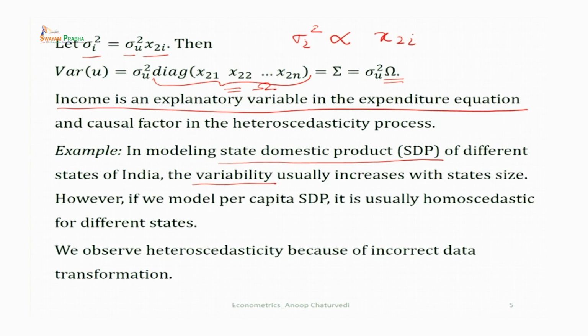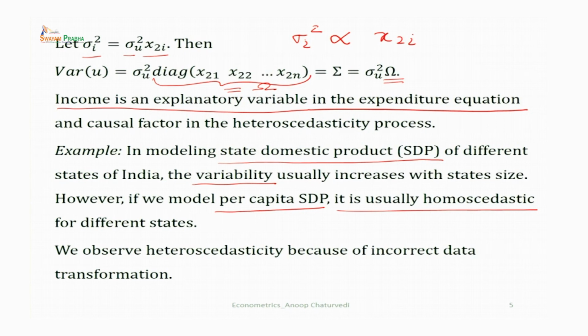But if we model per capita SDP, then it may have homoscedasticity. So, if you are modeling per capita SDP for different states, then you may observe homoscedasticity.